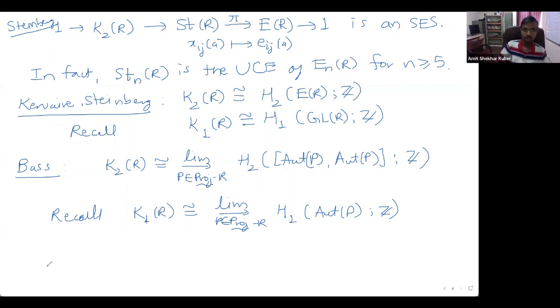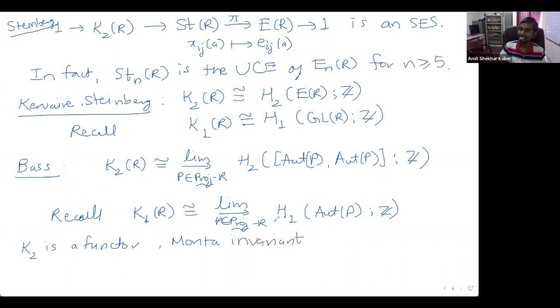Okay, so the usual properties hold: K2 of R is indeed functorial. K2 is a functor from rings to abelian groups, Morita invariant, all those things hold.